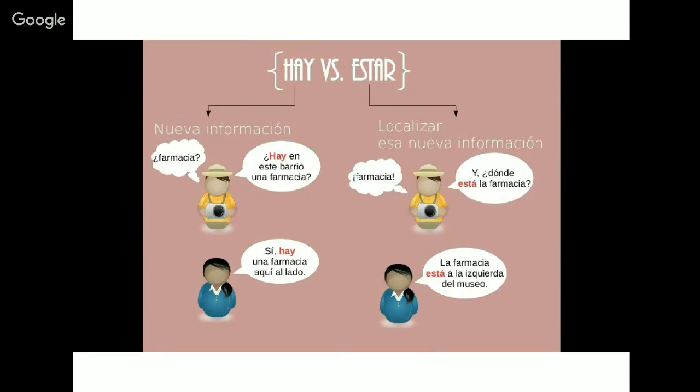Then, hay is used for showing new information, for speaking about new information. For example, this man is trying to look for a pharmacy. So his question is, ¿hay en este barrio una farmacia?